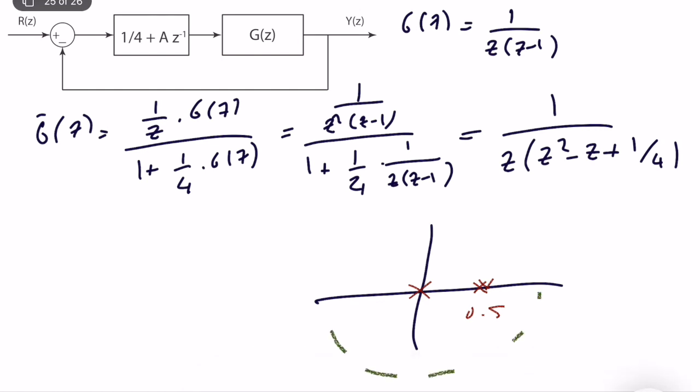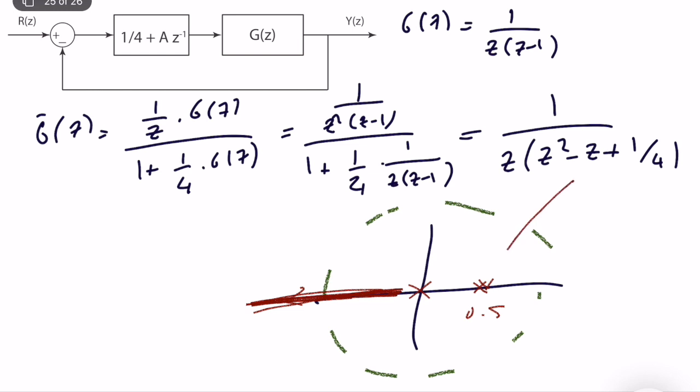This is our unit circle. Let's draw it like this. If we draw that, we can see that this part, let's make it very thick, is on the Root-Locus. It's going down, and we have asymptotes, and since we have 3 poles, asymptotes are 120 degrees apart from each other.